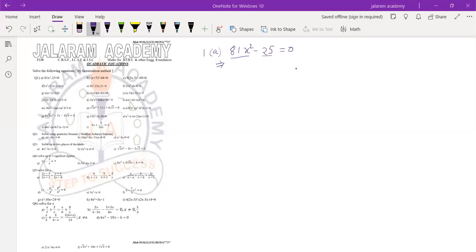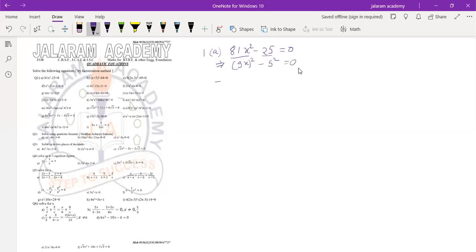Yes, sir. In this question, 81x square minus 25 is equal to 0. 81x square, we will write 9x the whole square minus 5 square. So 9x whole square minus 5 square equals to 0. Okay.